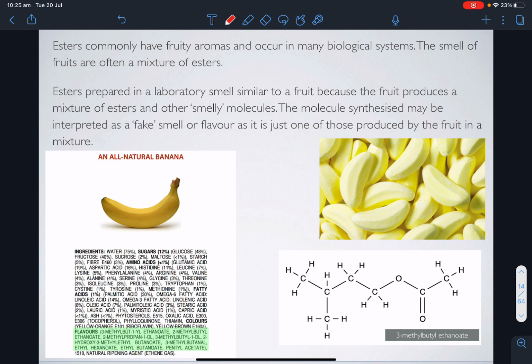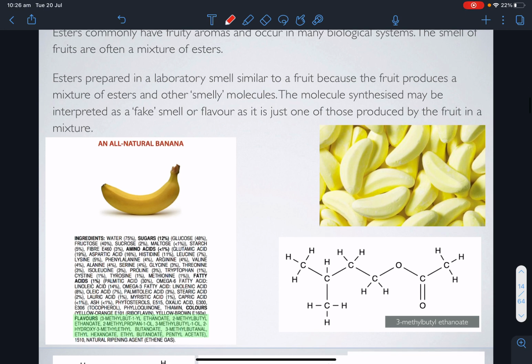And other smelly molecules. We can synthesize or make in a laboratory these molecules, but what ends up happening is there's a difference, and here I'm trying to hint at it with my bananas, okay? So here, I love these diagrams.